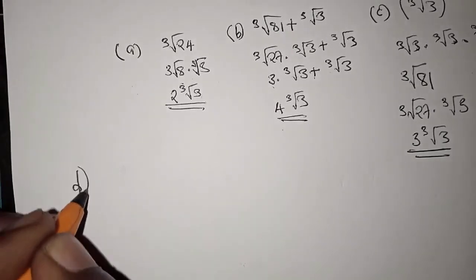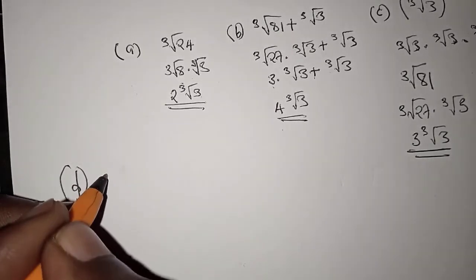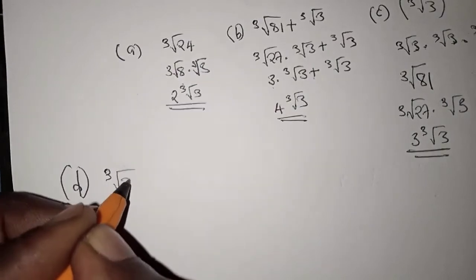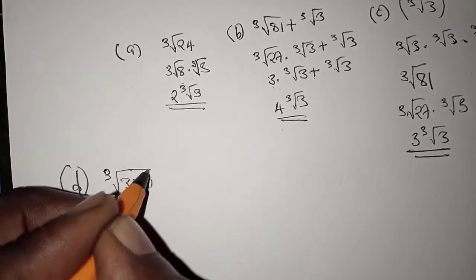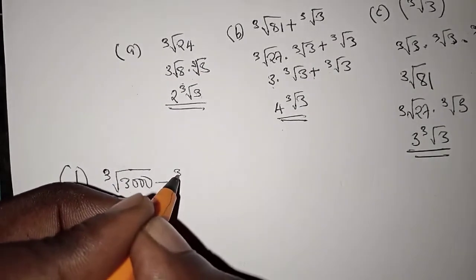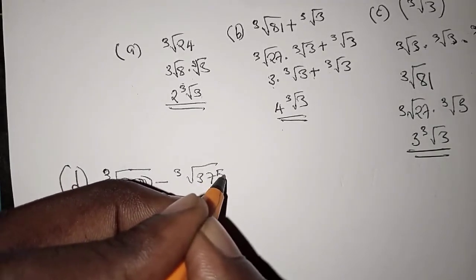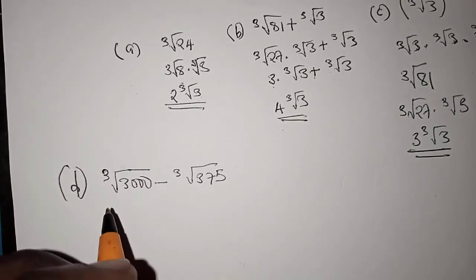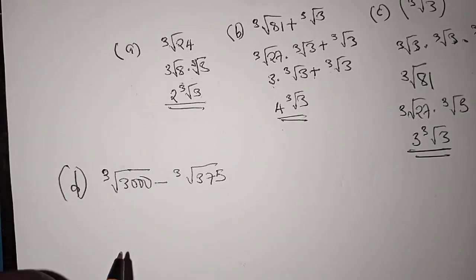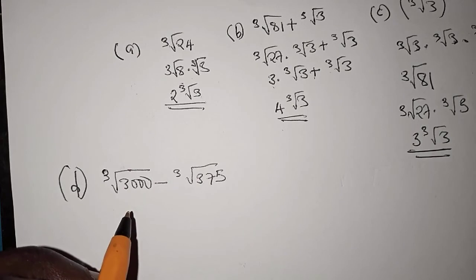Now what is d giving us? For d we have the cube root of 3000 subtracting the cube root of 375. For this one, I have to look for two surds which will give us a product of 3000, of which one has to give us a perfect cube.